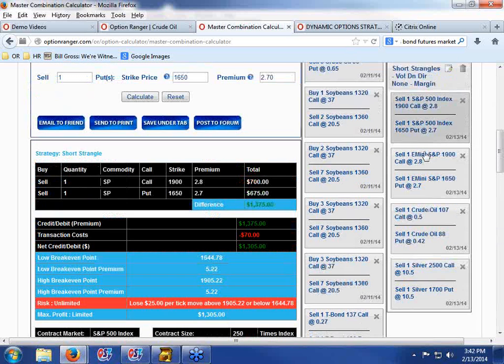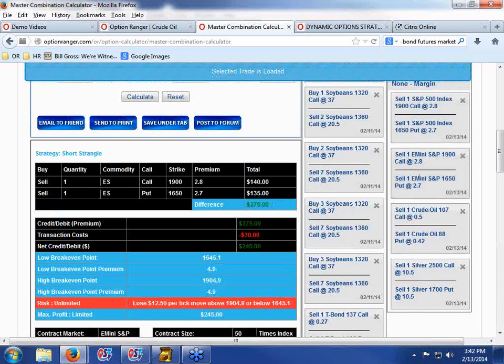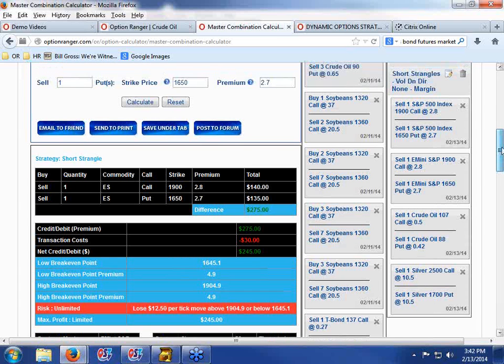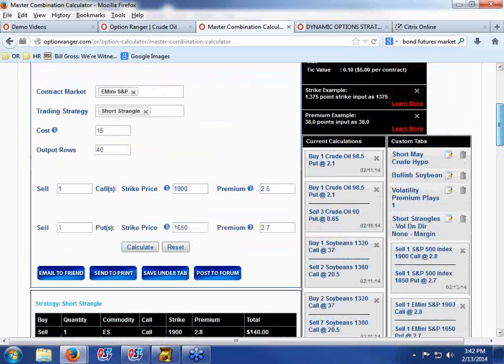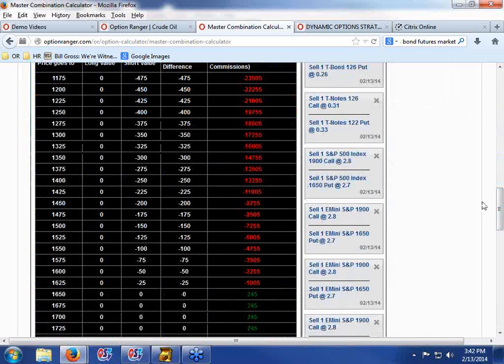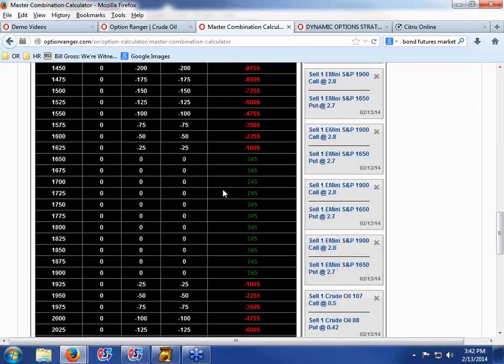Now, for folks that don't want to take the full risk of the large contract, as we indicated previously, there is a smaller S&P contract, the E-mini contract. The options on it are very liquid. I use the same strike prices just for illustration. Again, it's a trade where after commissions you might end up with a credit of only 245. It's in the same range, which I consider a pretty big range.